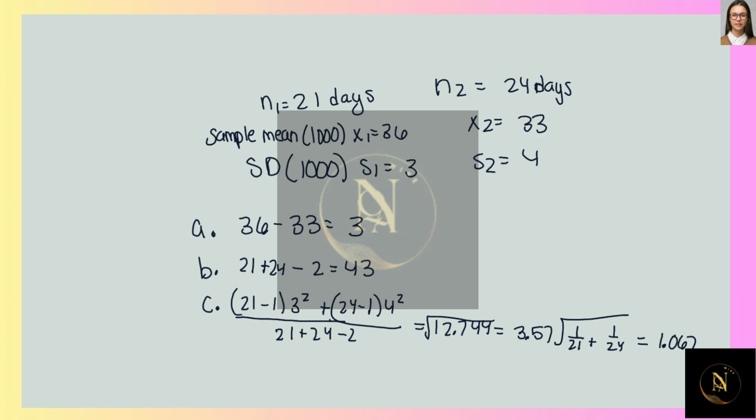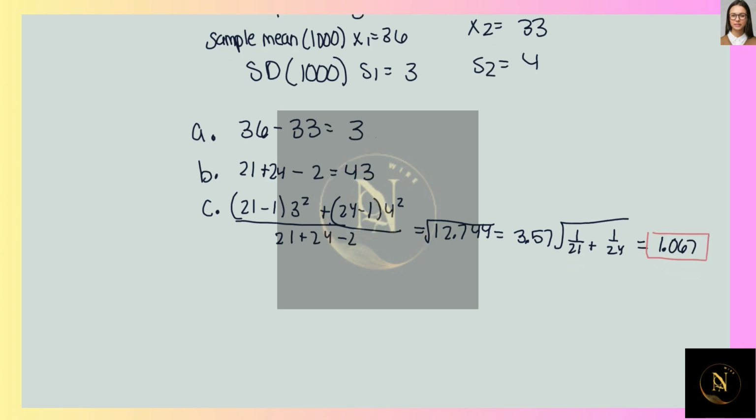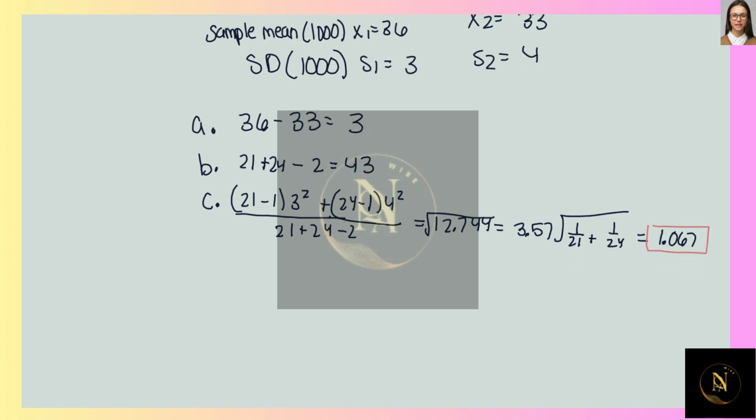1.067. So then you're going to take that number and multiply it by whatever your confidence level is going to be. The confidence level in this case is a 95% confidence interval.